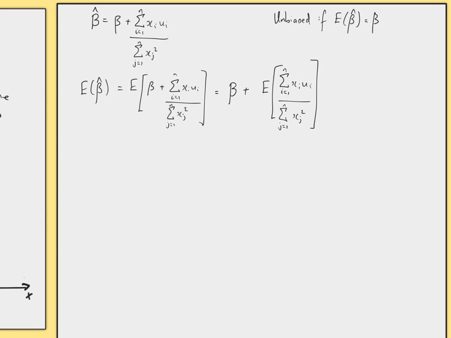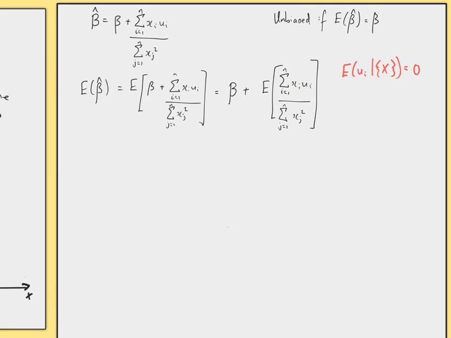Now, in order to analyze this expectation here, we need to look at our other assumption. Remember, at the beginning we assumed that the conditional expectation of the error terms, the ui terms, given any particular value of x, was equal to 0. So in order to analyze this, we're going to use our assumption, but we're also going to have to use the law of iterated expectations to find the expectation of this term.